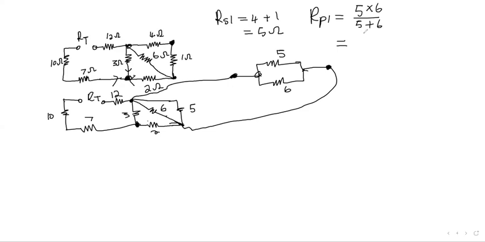Minimum of 3. If the resistors are more than 2, we use that formula. If they are 2, we use this one. 5 times 6 divided by 5 plus 6, which is 2.727. So that is RP1.